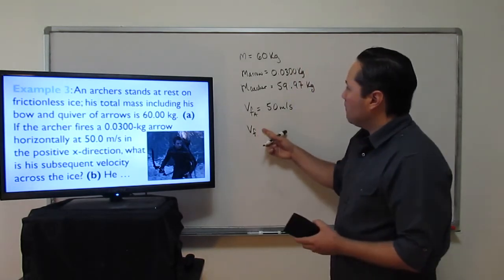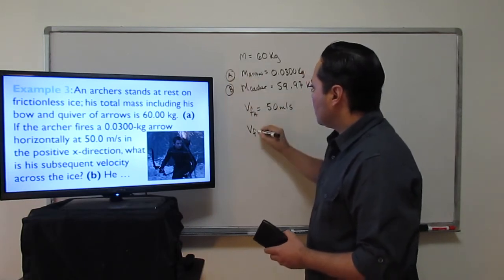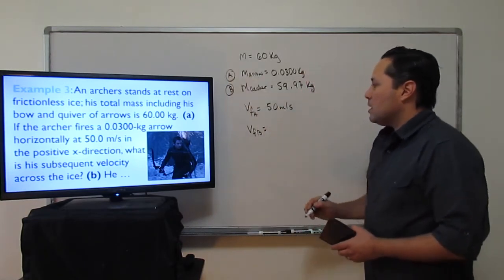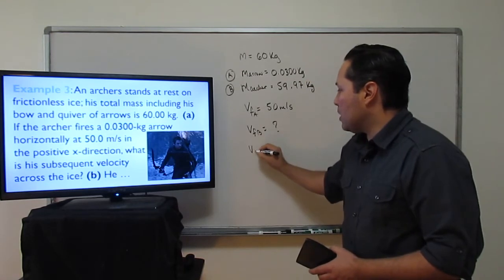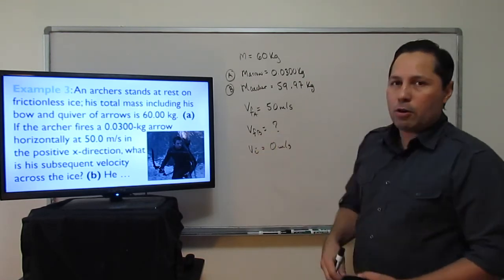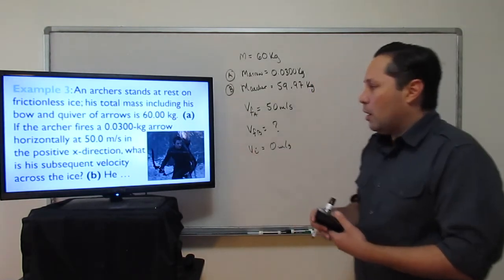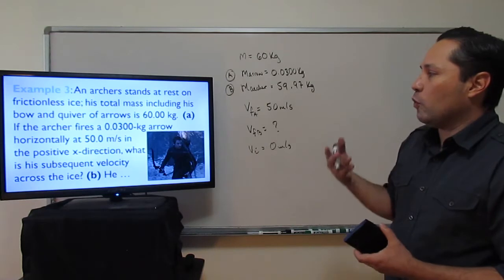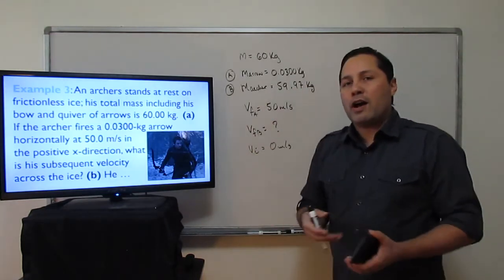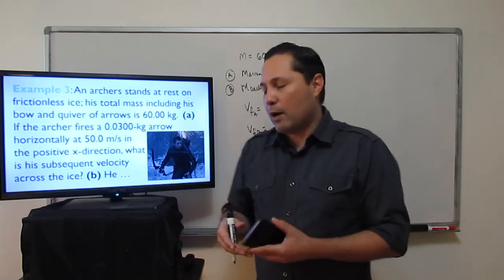We're going to label our archer letter B and letter A for the arrow, so we can keep them straight. So that's what we're solving for. By the way, initial velocity for both was 0 meters per second. As the archer was there stretching his bow, he was not moving. So for the velocity of the archer after the arrow has been fired, how quickly is he moving backwards?